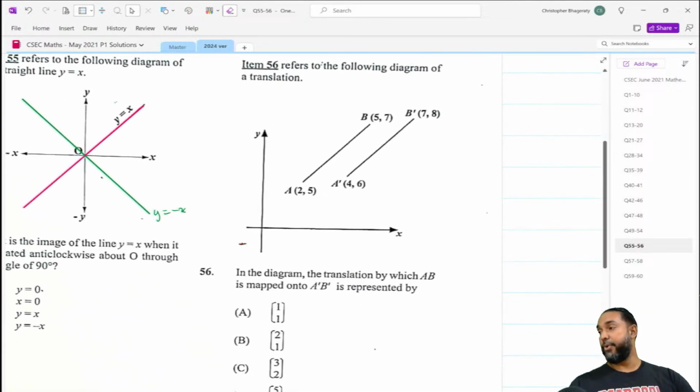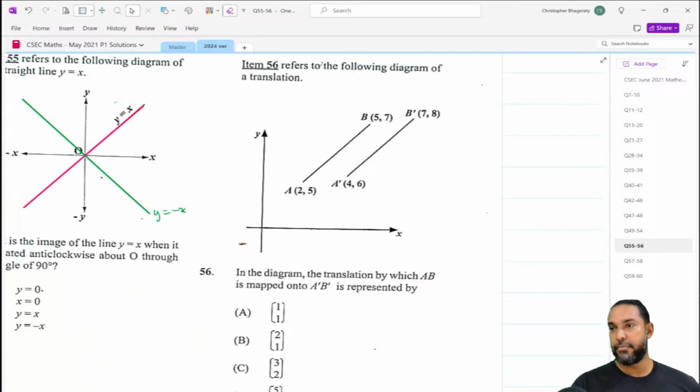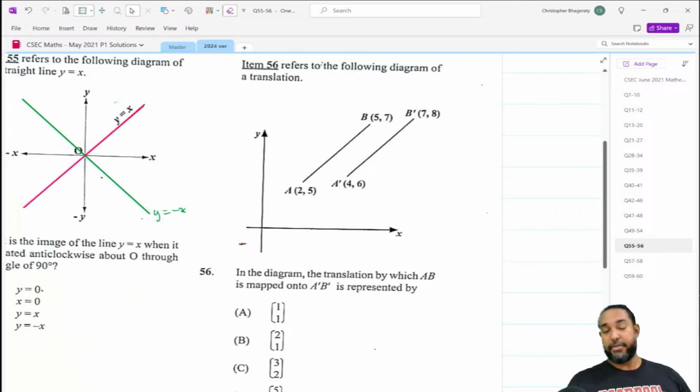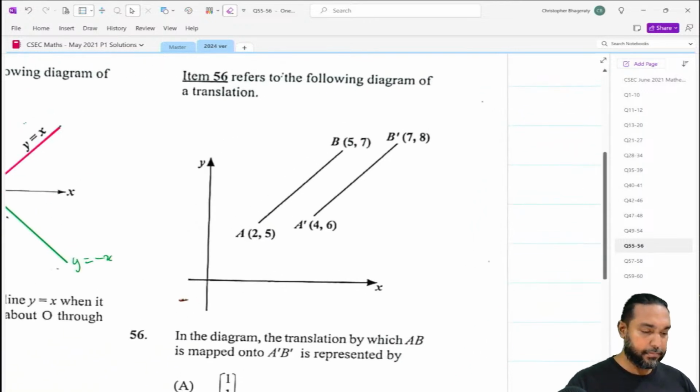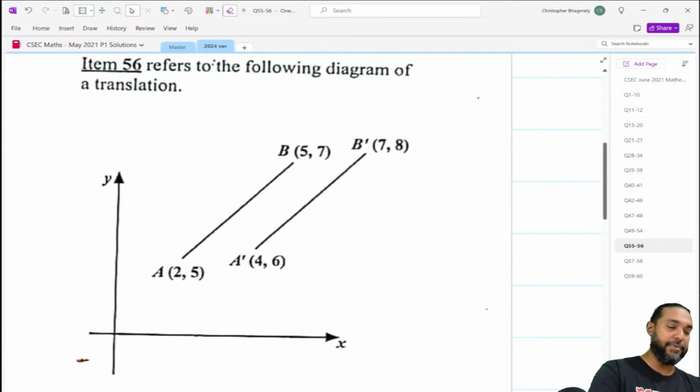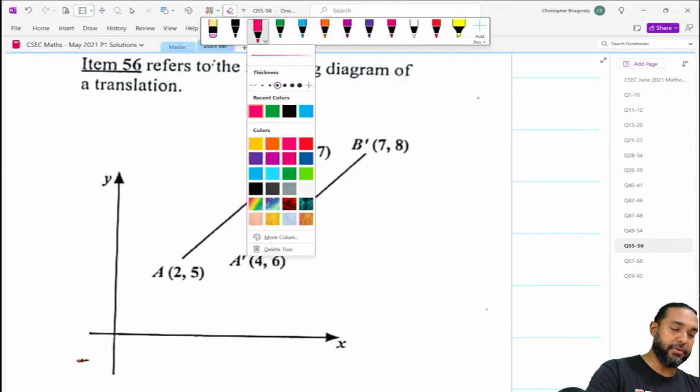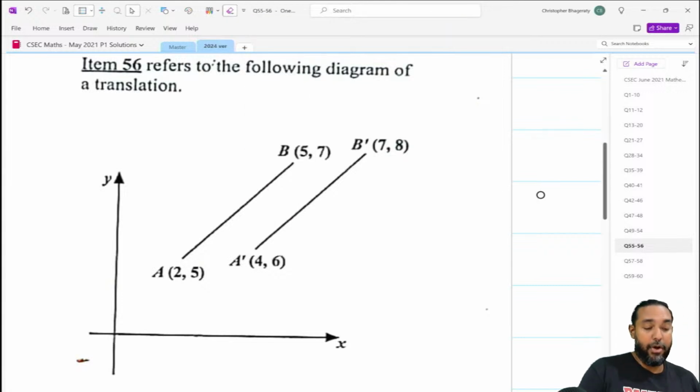Look at translation here. Somebody asked for a translation. With a translation, all that happens is you shift horizontally and vertically a prescribed number of units. Here they're asking us to find out how many units we shift.